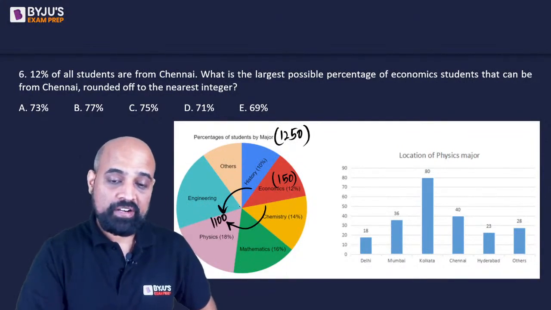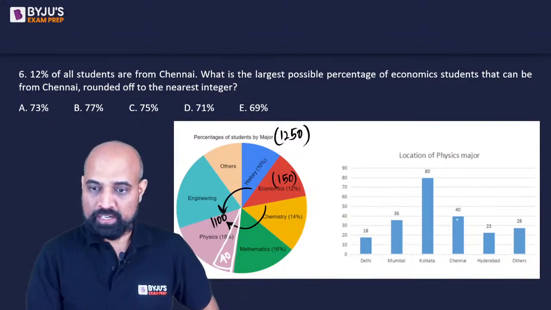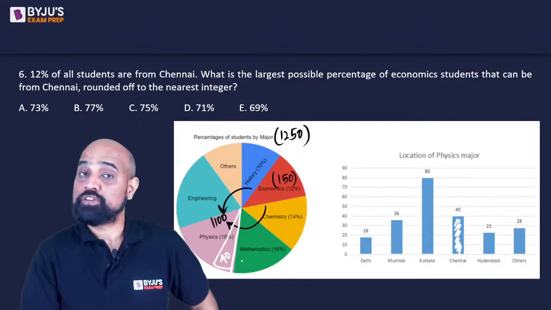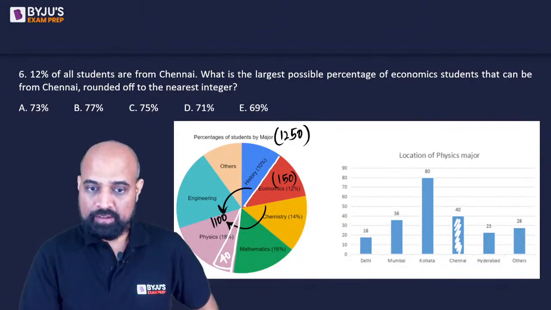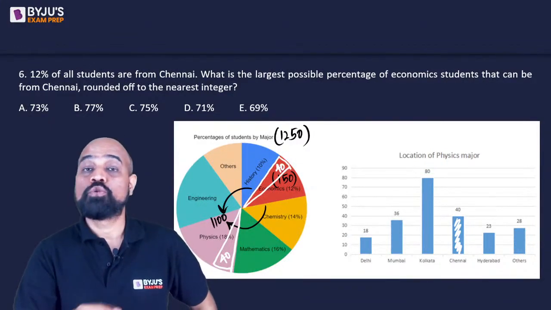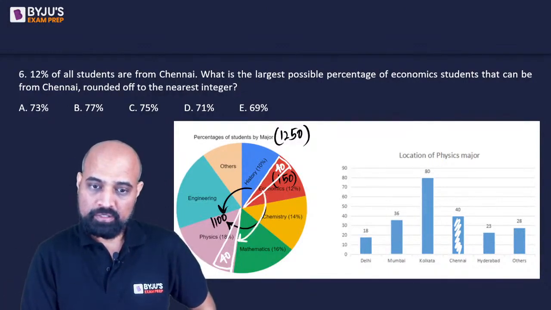Out of these 1100 kids, we know that 40 kids are from Chennai in physics major. These 40 may nahi. We are assuming that this is the 40 students who are from Chennai, whereas it could be the entire 150 who have come from here.